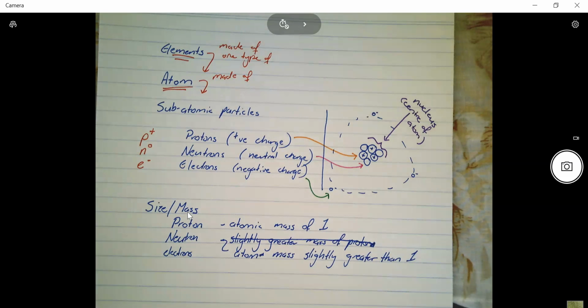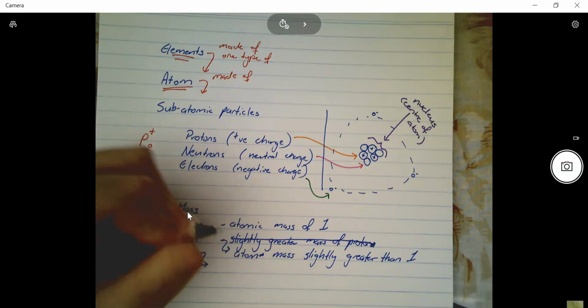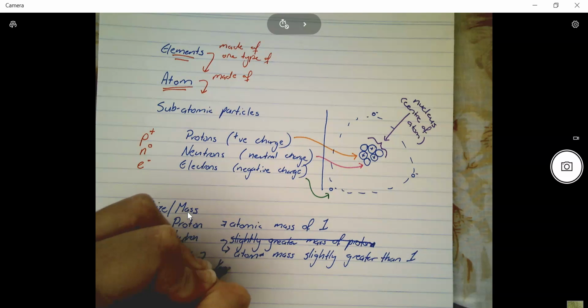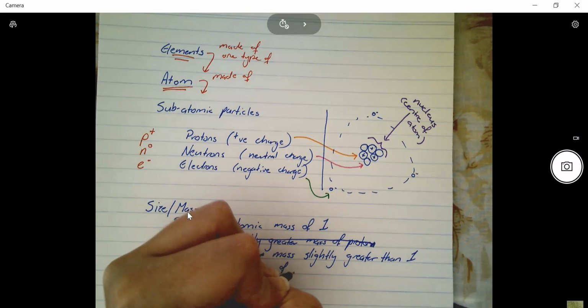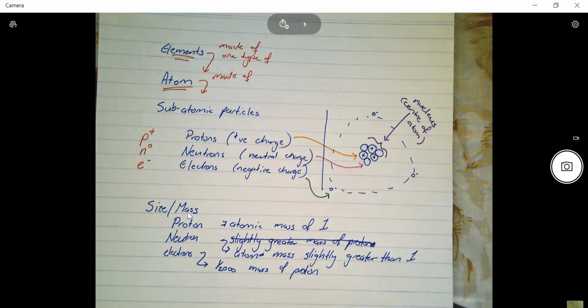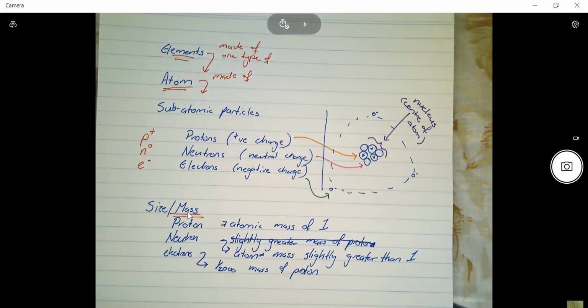than 1. And then our electrons, like I said, are very tiny, and they have a mass of 1/2000th the mass of a proton. So that's looking at the mass of those subatomic particles.